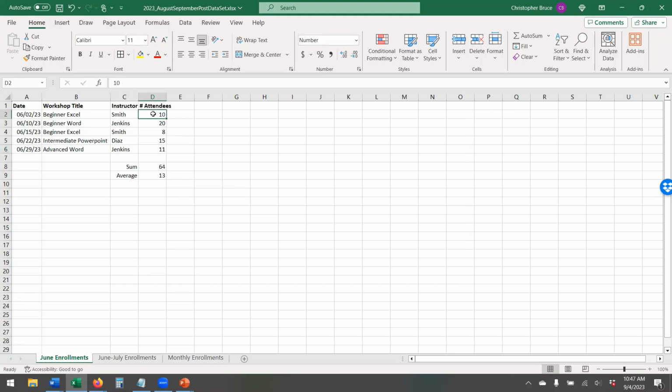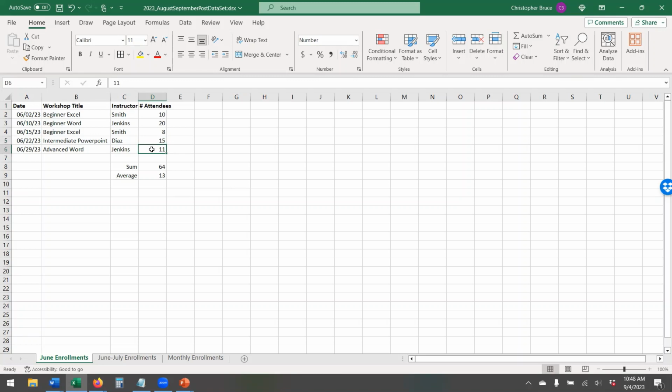And we can see now that this class had 10 people. Our average is 13. Is 3 people less than the average statistically significant? We'd have to do another calculation to know that, but 3 people doesn't seem like a huge amount. 20 people is 7 above. 7 is quite a lot, especially since this whole class only had 8. 15 is only 2 bodies above the average, so probably not significant.